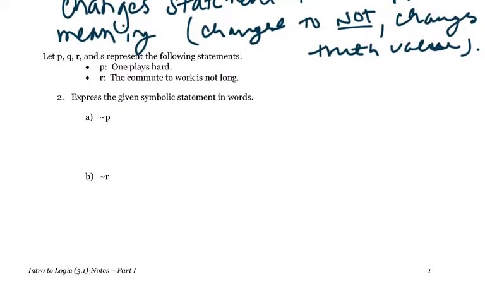The first statement is P, and that represents the statement one plays hard. And the statement R, which stands for the commute to work is not long. So to negate the first statement, P, one plays hard, you might say one does not play hard.